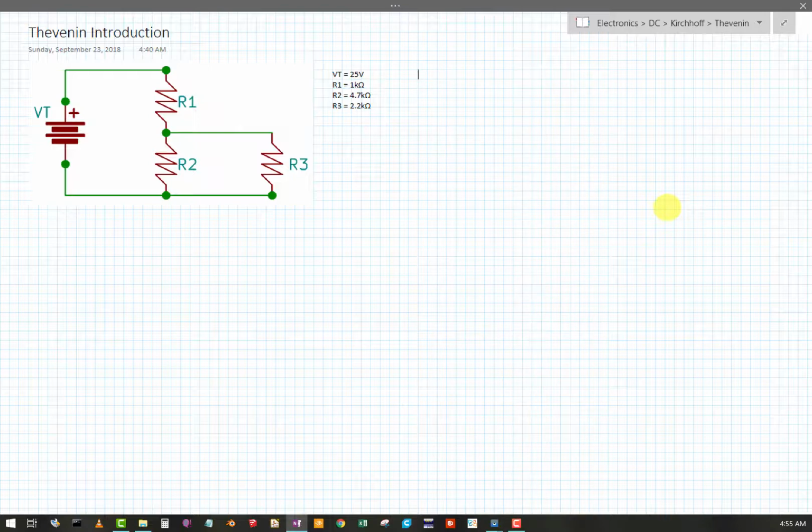So Thevenin's analysis, basically we're going to do a series of steps. So we have to find R Thevenin. We have to find V Thevenin, and then we have to draw the Thevenin equivalent circuit.